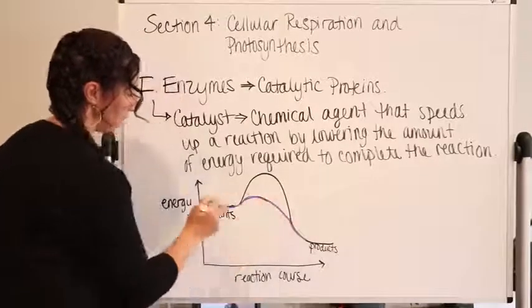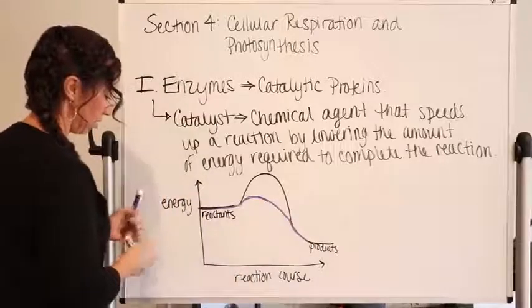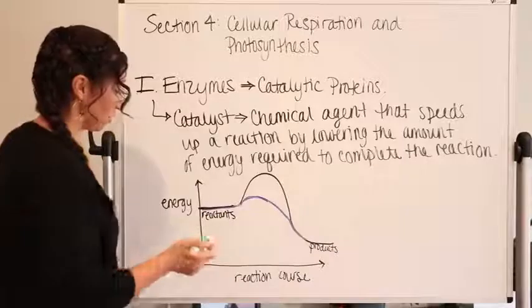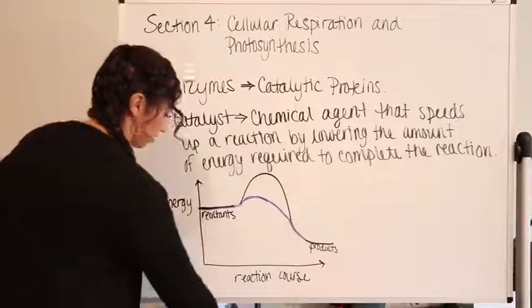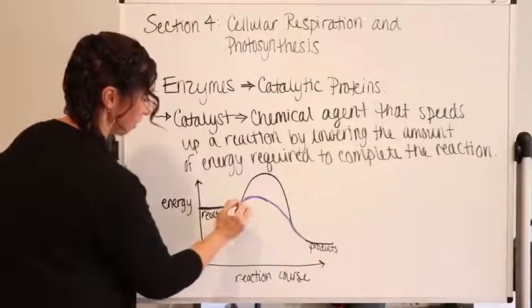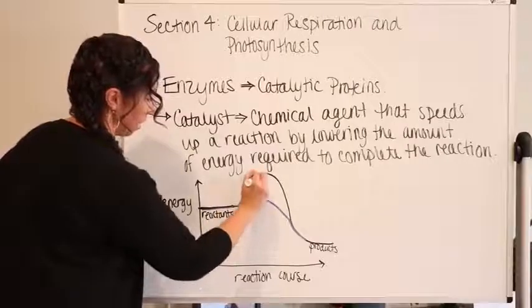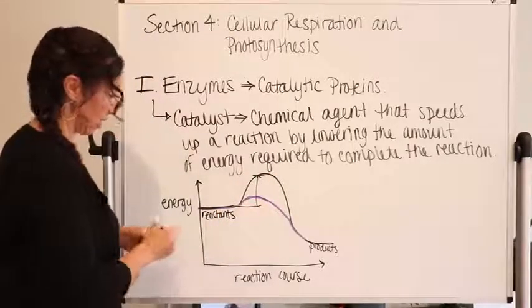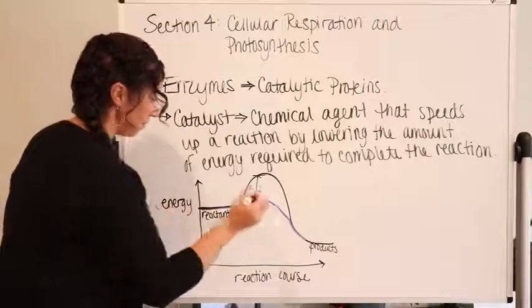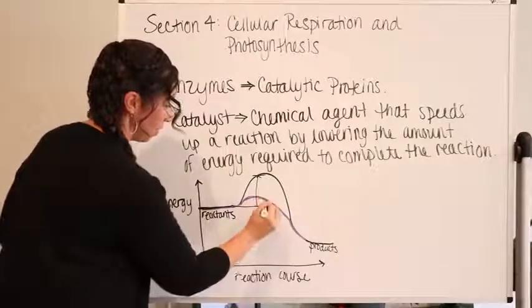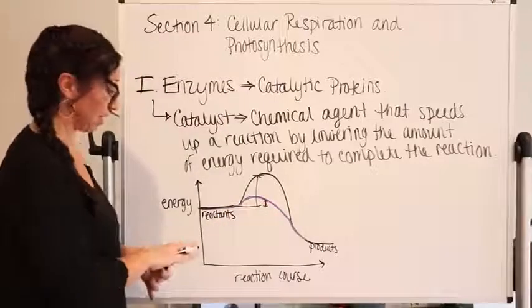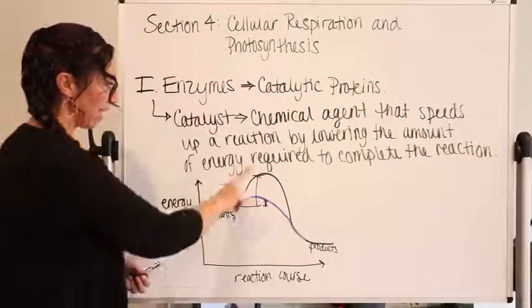So you have ultimately lowered the amount of energy it takes to complete this reaction. Without an enzyme, it took that much energy to get the reaction done. With an enzyme, it only took that much energy. And that's significant because things can't get over the hump.